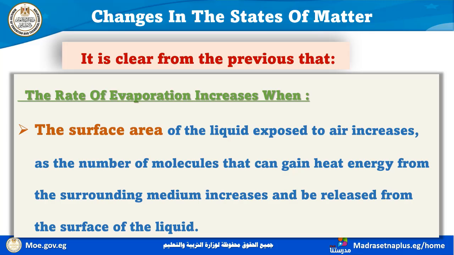You will see that the rate of evaporation is much faster in the case of the plate, where the water evaporates easily due to the large surface area, while in the case of the bottle, only a small surface area is exposed to the surroundings, so a small number of molecules can escape, and so the rate of evaporation will be very, very low.